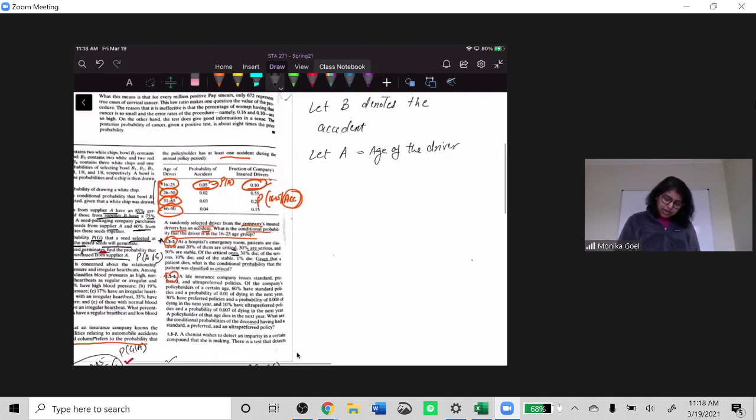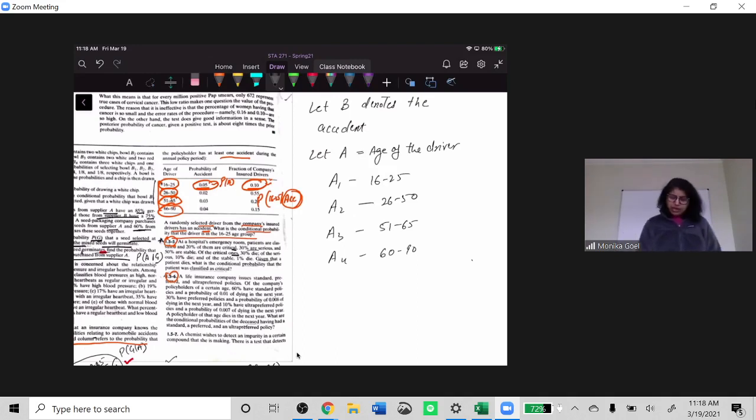When you say the age of the driver, A1 is 16 to 25, A2 is 26 to 50, A3 is 51 to 65, and A4 is 60 to 90. And the question is asking you, what is the probability of A1 given B?